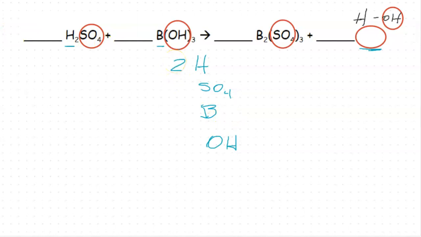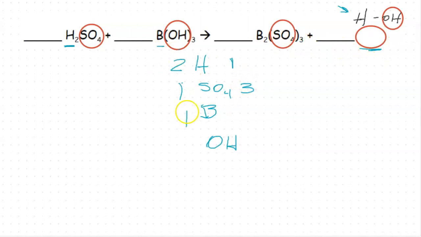Okay, so when I count them, we just simply go through what we did before. I've got 2 hydrogens on the left. When I look at the right-hand side, this hydrogen on the left is this hydrogen on the right. So there's 1 hydrogen. I have 1 sulfate on the left. When I come to the right, I have 3 sulfates on the right.